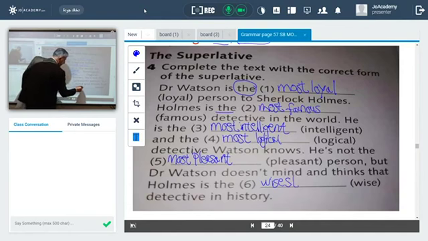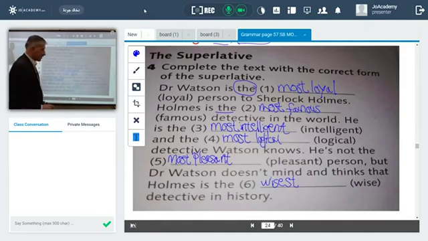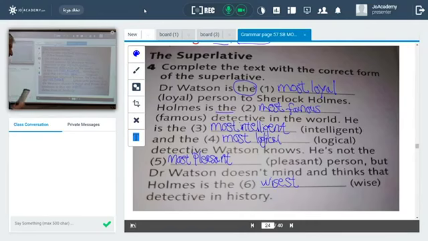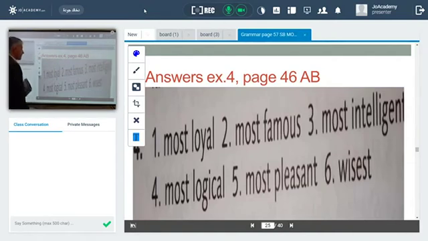Here we added est to the end of the adjective, so it becomes the wisest detective in history. So let's check our answers and see if we are right or wrong. Most loyal, most famous, most intelligent, most logical, most pleasant, and the last one is the wisest. So these are our answers to exercise 4, page 46 from the activity book.